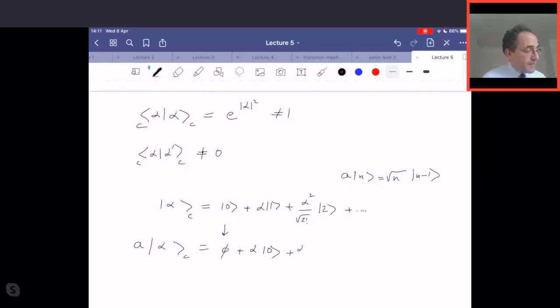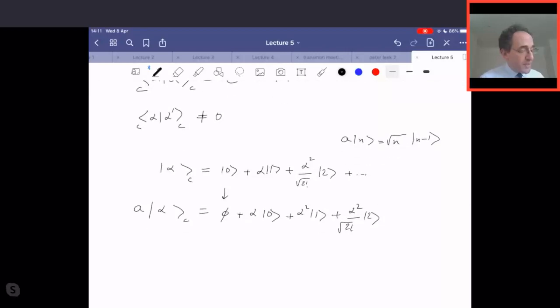So then I get alpha squared times the 1 ket. And then if I keep going, the next term would be alpha cubed over square root of 2 factorial times the 2 ket, and so forth. And I can regroup this to get alpha times that whole thing, which is just the coherent state alpha. Let's get rid of the brackets.